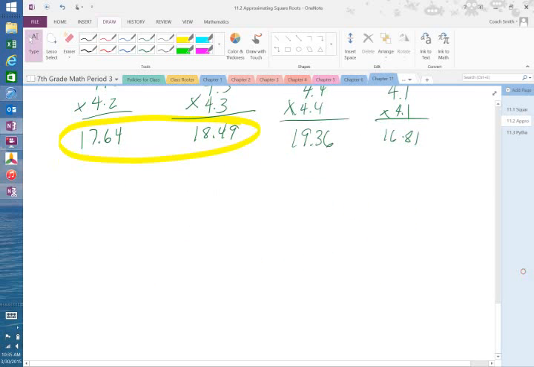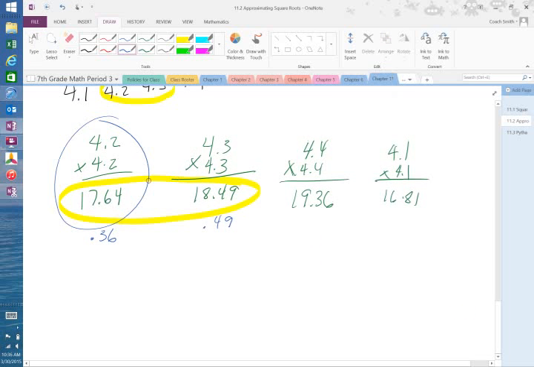Okay, so 17.64 is 0.36 away from 18. 18.49 is 0.49 away from 18. So this is the closer one. So the approximate square root of 18 is 4.2 plus or minus.